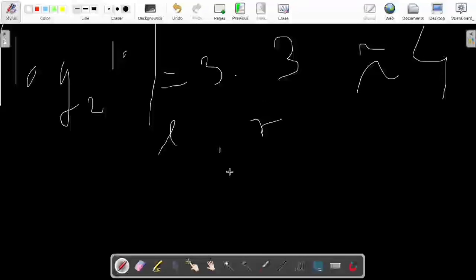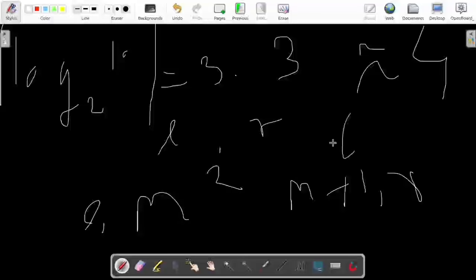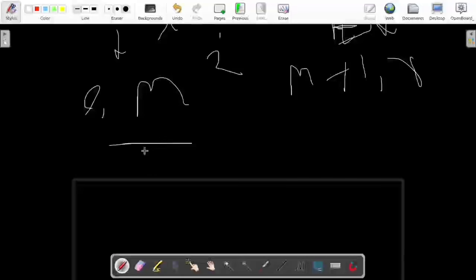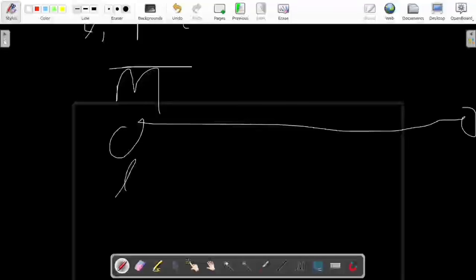We take L and R, divide them by 2, and then we are left with two ranges, L comma M and M plus 1 comma R. Based on our target element, we choose which range to continue with, either L comma M or M plus 1 comma R. Let's say we decide to continue with this one. We divide it from the middle. If your target element is somewhere here, you proceed with this part.